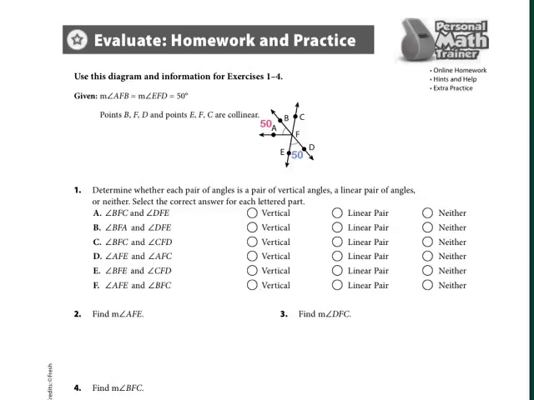Points B, F, D, and points E, F, C are collinear. Collinear means points that lie on the same line. Therefore, B, F, and D are on the same line, and E, F, and C are on the same line.